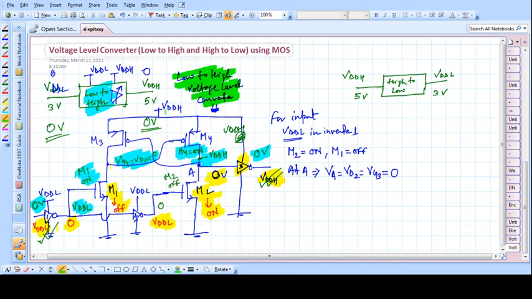Now we have to move to the high to low. High to low voltage converter is very simple. That's how it will work. I will show you.